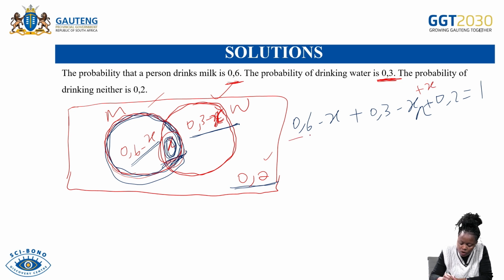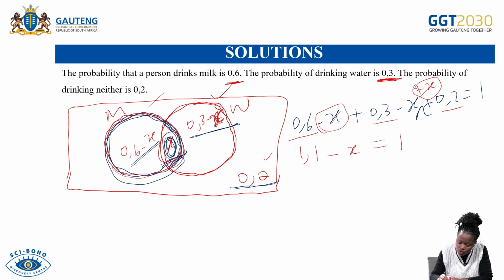So you'll say 0.6 plus 0.3 plus 0.2. That is going to give you, let me see, oh, it's 1.1. And then the minus x and the plus x is going to go out. Then you'll be left with minus x.